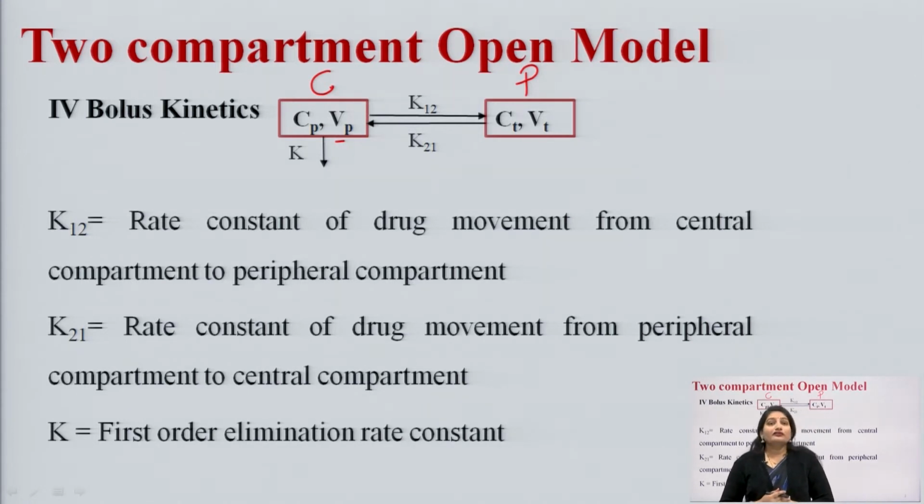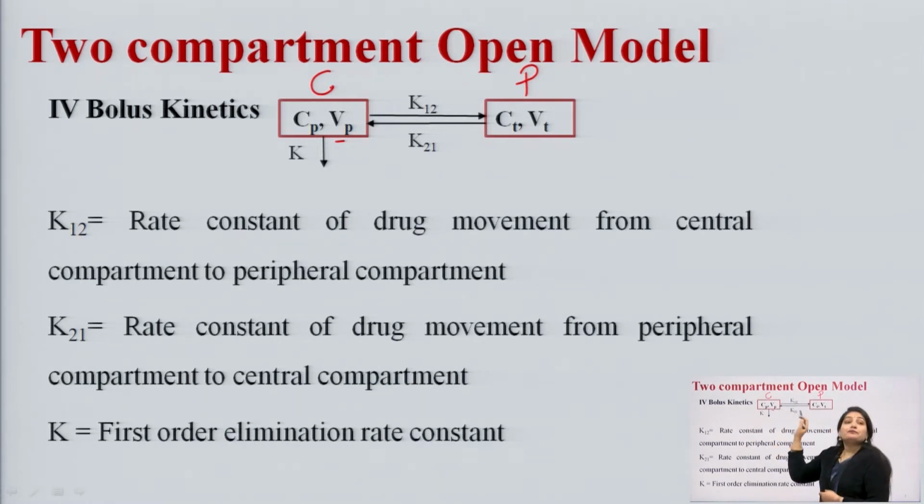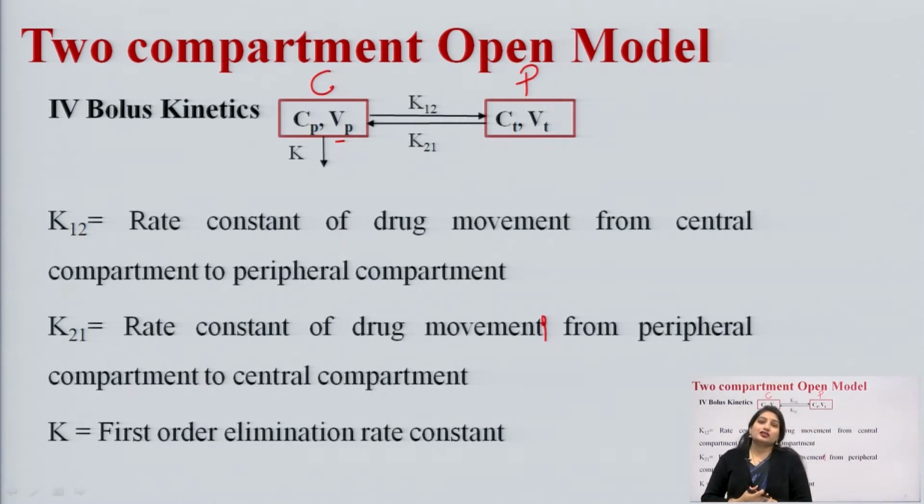If we want to represent the plasma drug concentration in the central compartment, I am representing it with Cp. This Vp is the volume of distribution of the drug in the central compartment. Now, this Ct is the drug concentration in the tissue compartment, or we can say peripheral compartment, and Vt is the volume of distribution of the tissue or peripheral compartment.